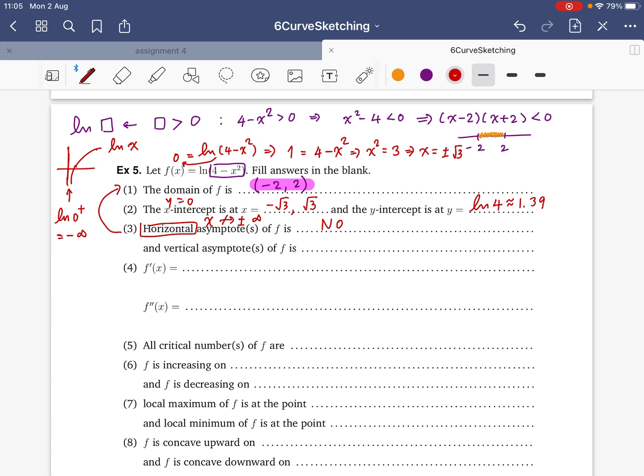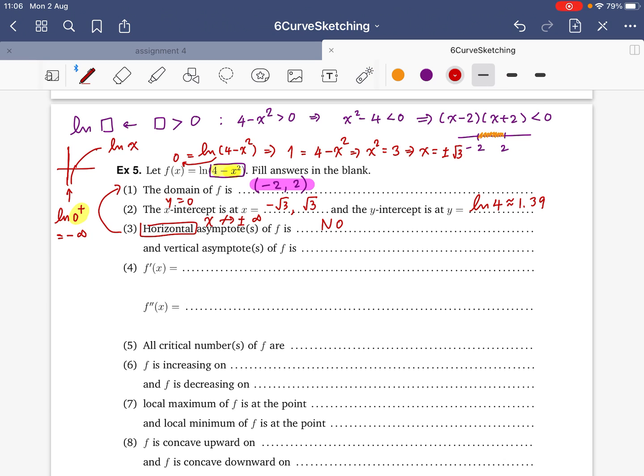And as we told you, the thing inside cannot go to infinity, otherwise your x must be pretty large, but your x is kept between negative 2 and 2. So another way is that the thing inside may approach 0. And of course it can happen when your x goes close to negative 2 or 2, your x squared becomes 4 and the inside will be close to 0 on the right.